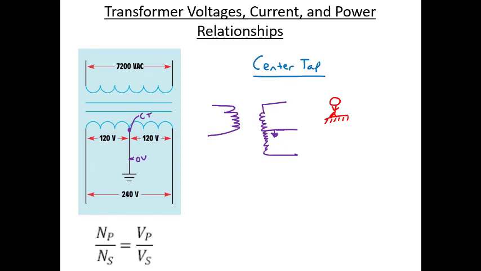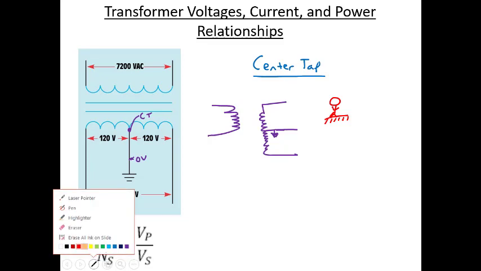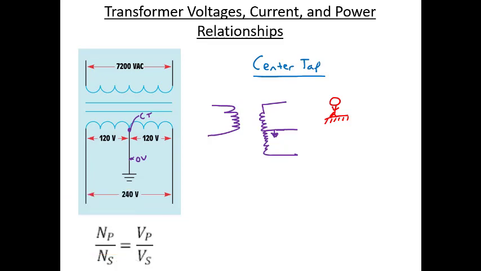And the reason why we use a center tap transformer, why we care about where we ground the transformer, is if they're standing on ground and they decide that it would be desirable to touch one of the wires. So let's say that they touched just this wire and they're standing on the ground.